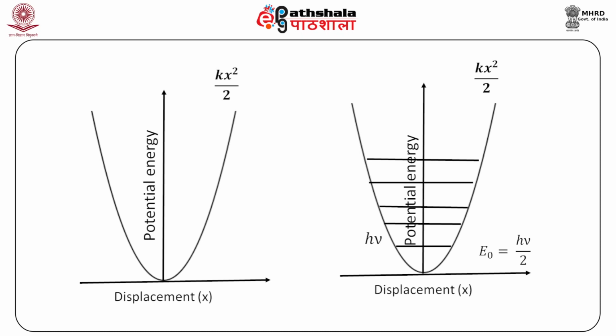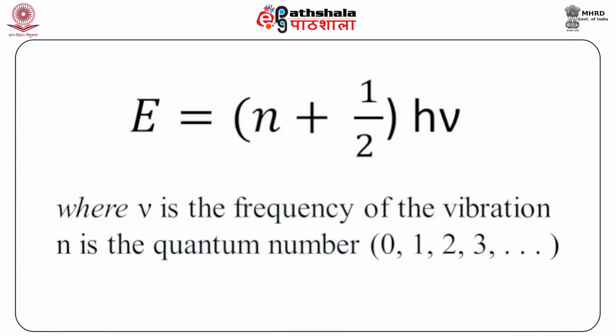However, vibrational motion is quantized. It must follow the rules of quantum mechanics, and the only transitions which are allowed fit the formula E is equal to (n plus half) h nu, where nu is the frequency of vibration, n is the quantum number 0, 1, 2, 3, etc. Now, the lowest energy level, that is E0, is equal to half into h into nu.